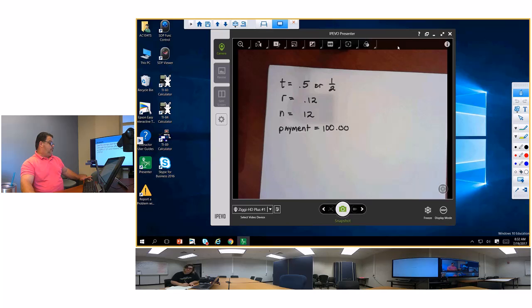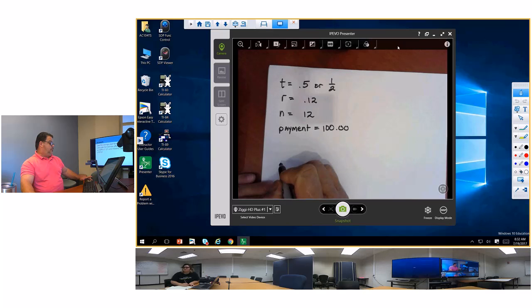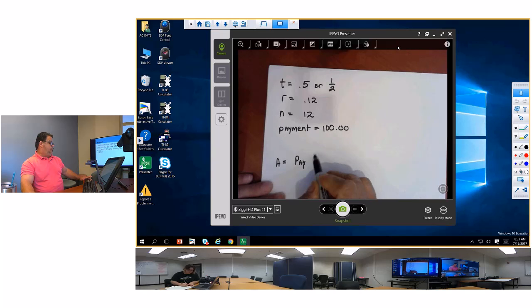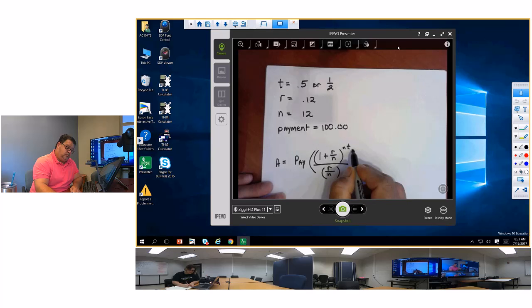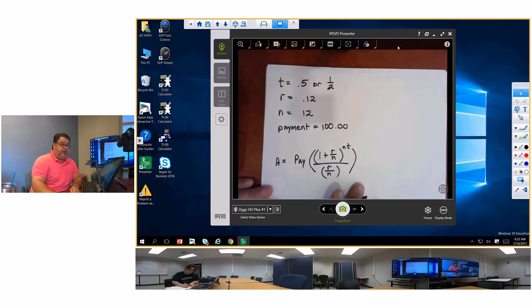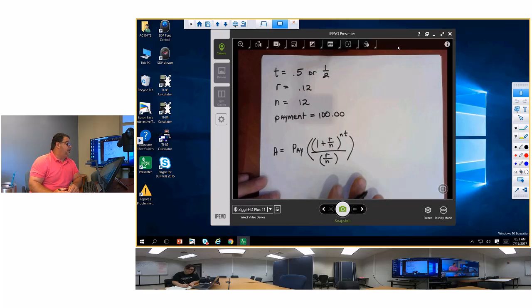Now, the formula is A is equal to the principal, I think, or the payment, sorry, payment times 1 plus R over N raised to the NT power over, what was the bottom part? R over N? Yes. Now make sure I wrote it down correctly.